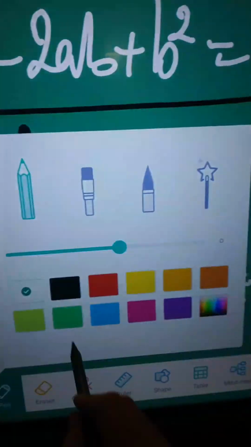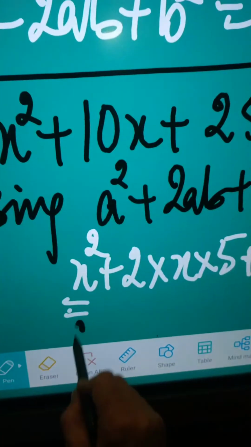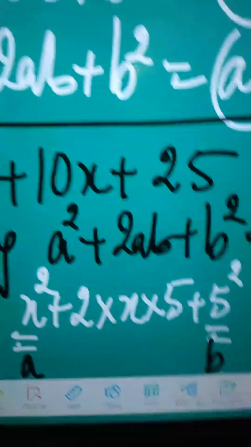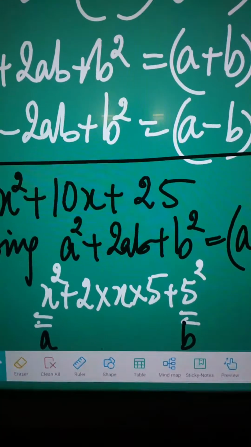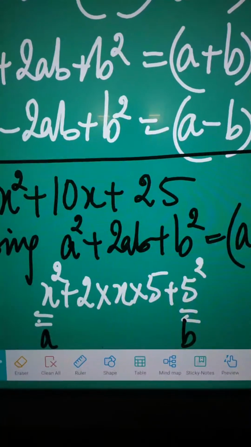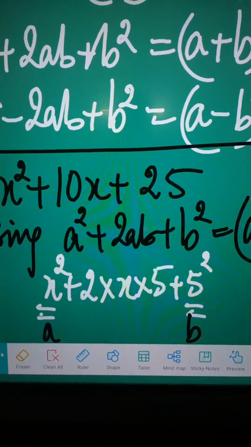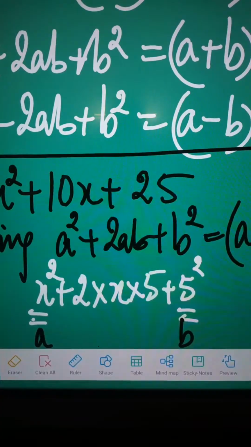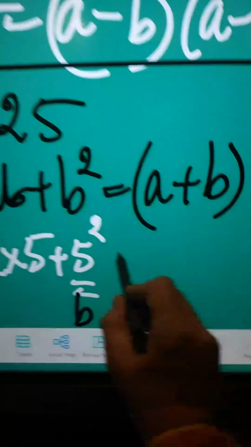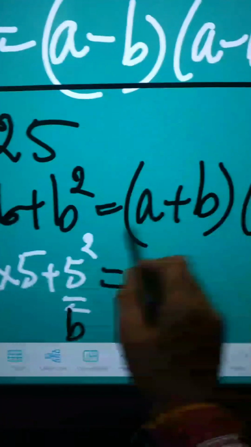So what is a? A is this, b is this. A is x square, b is 5 square, 2ab will be 2 into a into b. Take screenshot and see this again. So this is to be only written in this form.